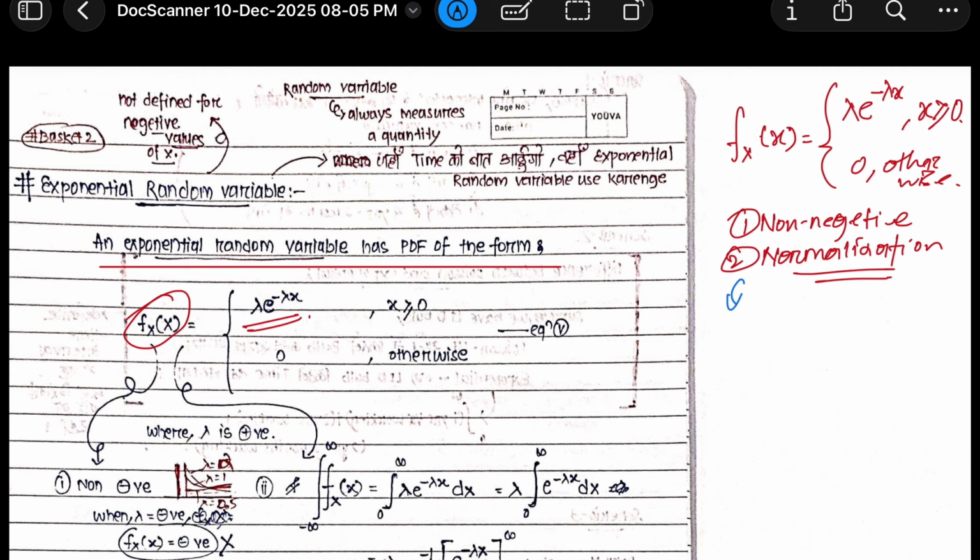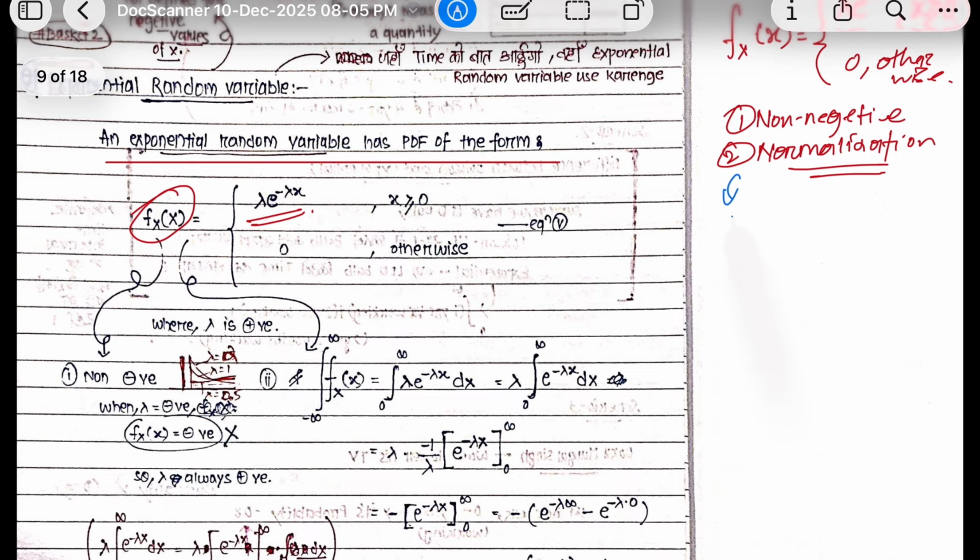So for the non-negativity property, lambda must not be negative. Lambda is always positive.